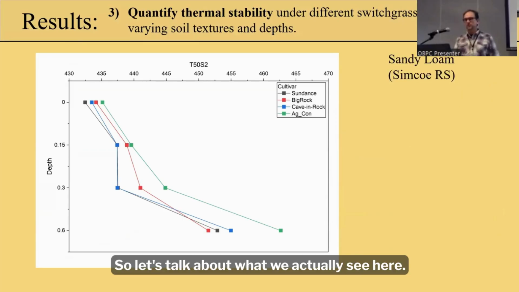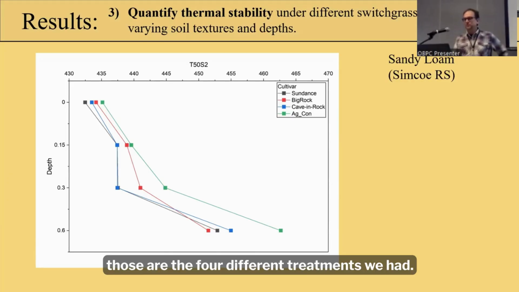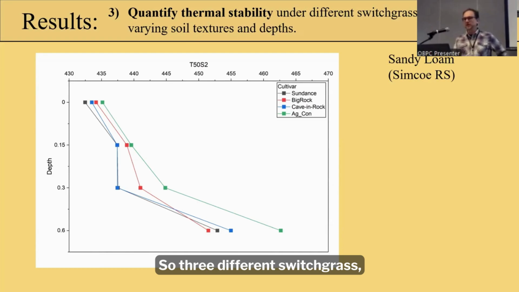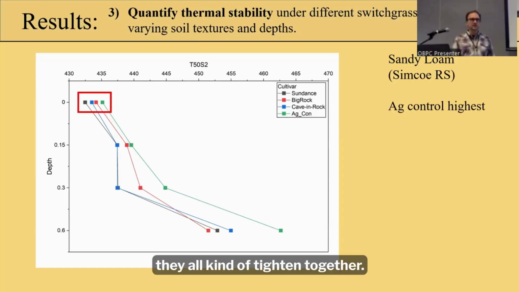So let's talk about what we actually see here. Those are the 4 different treatments we had. So 3 different switchgrass, Sundance, Big Rock, Cave and Rock, and then AgCon stands for the agricultural control. And so what do we see? Well, we see they all kind of tighten together.